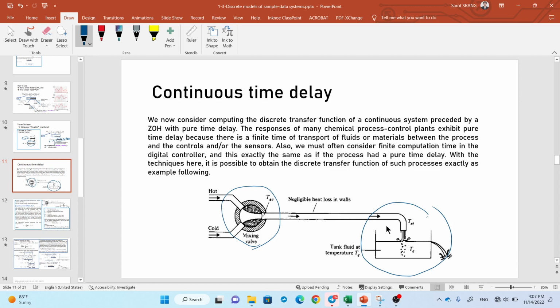Let's say you have a certain length of tube, so you control the mix between hot liquid and cold liquid here, but the mixture will arrive at the tank at some time later. So you have a delay, because the input of the tank is here, but what you can control is here, around here, right?